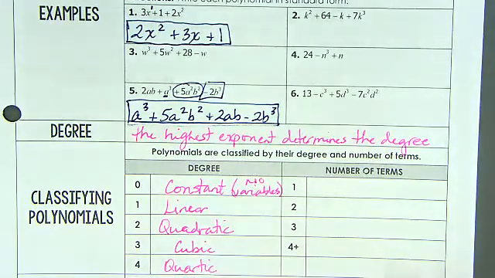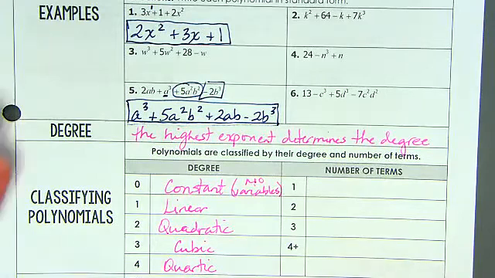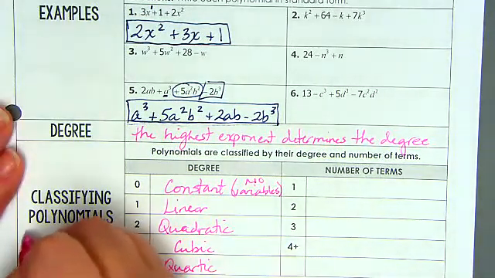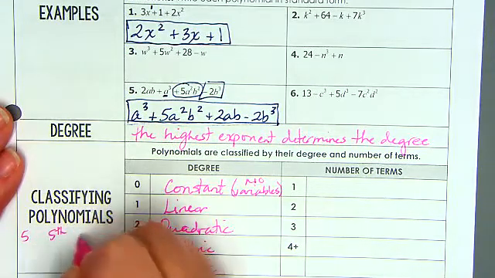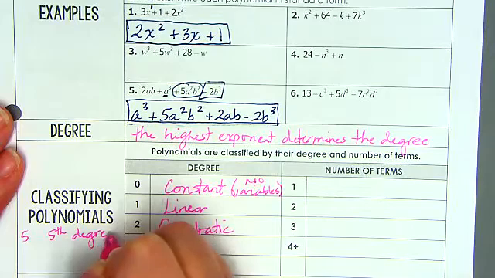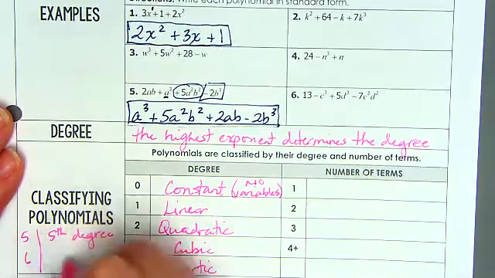Everything above that would be like 5th degree or 6th degree. 5, you would say 5th degree. 6, you would say 6th degree.